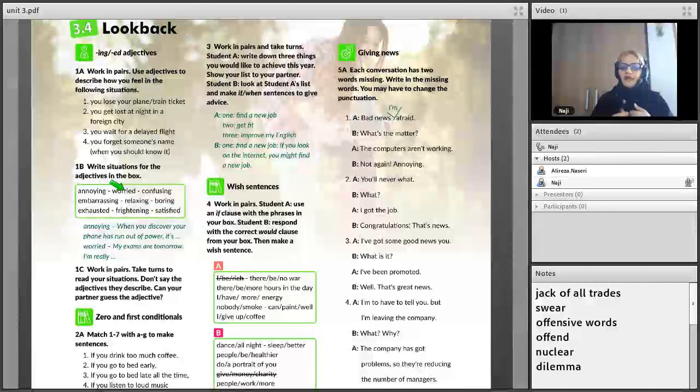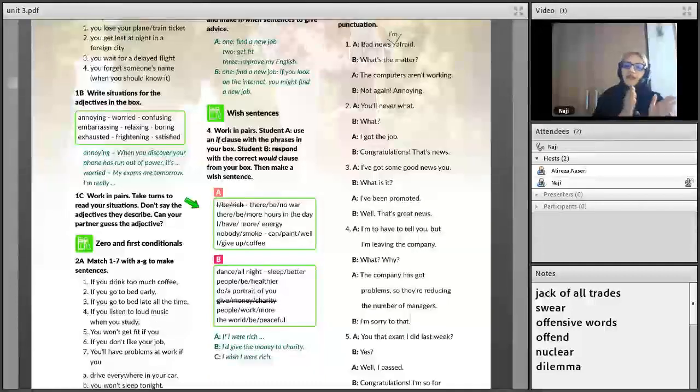clause from B and write if clauses. One of them will be your if clause, the other one will be your consequence or main clause. Okay? For example, the first one is done for you. I be rich. You're supposed to use conditional type 2.